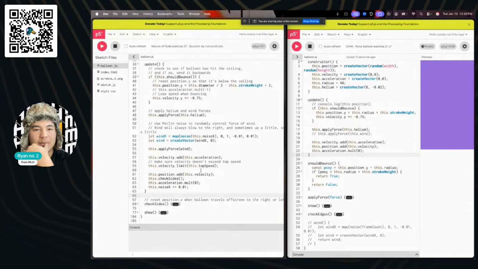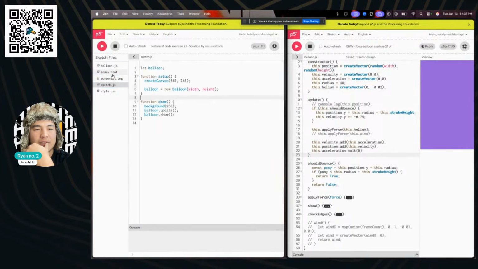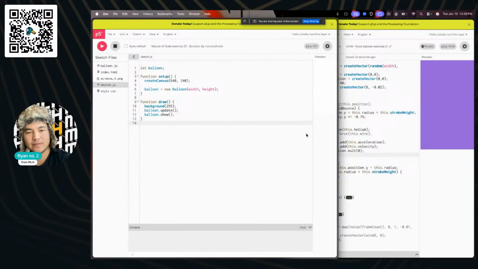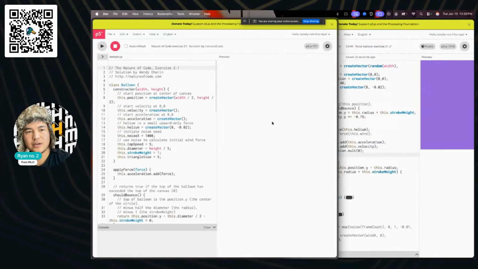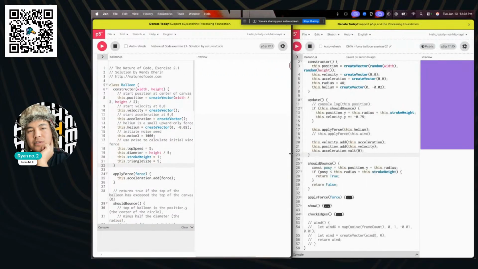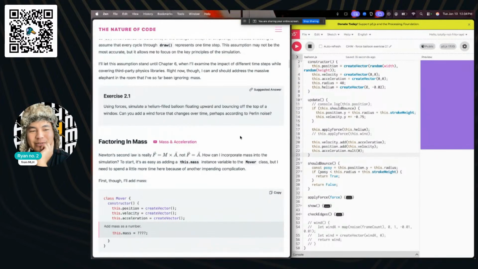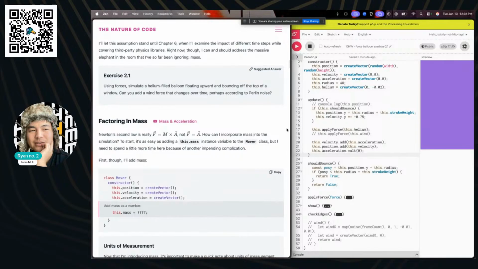So what I want to do is hop back over to the example and see if there's anything we can change here instead of updating our version. Maybe we should just continue going through the textbook. So that's what I'm going to do. I'm going to continue going through the textbook, see if we can get something more interesting out of the next exercise.